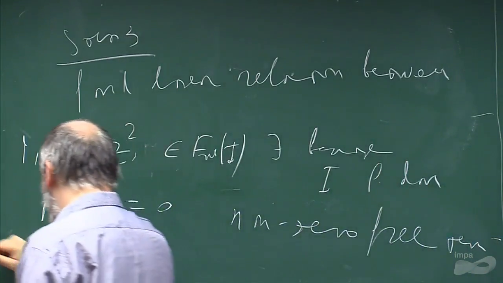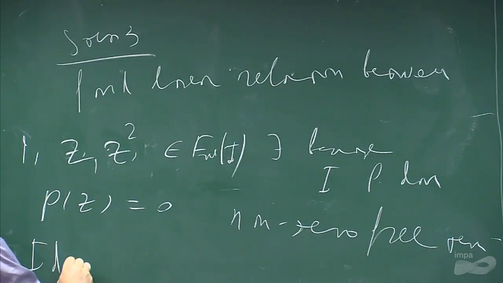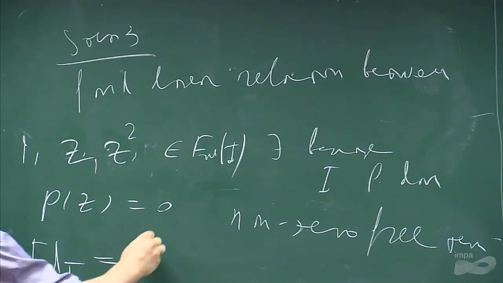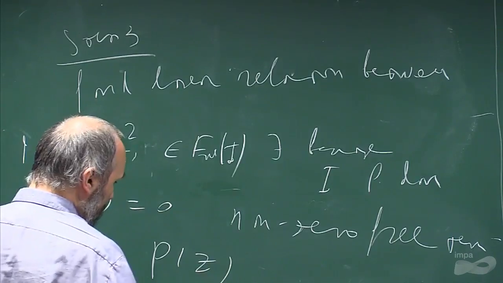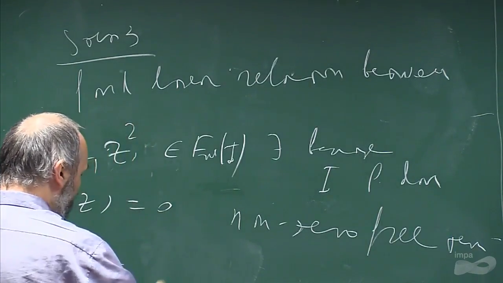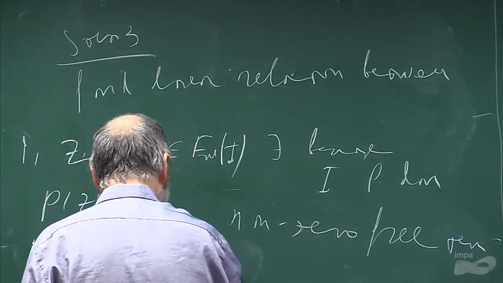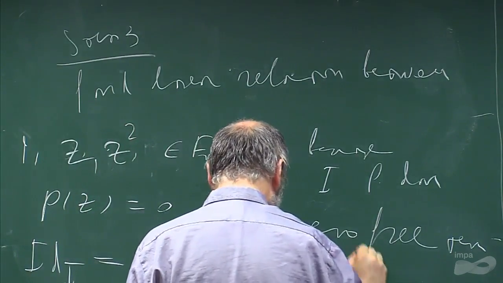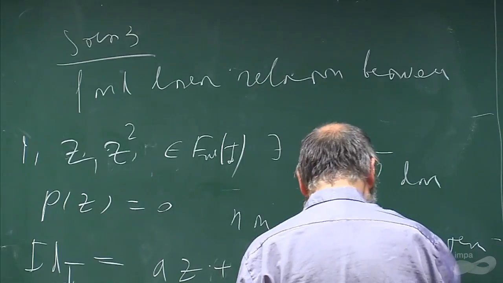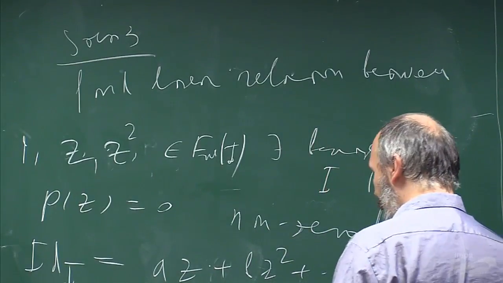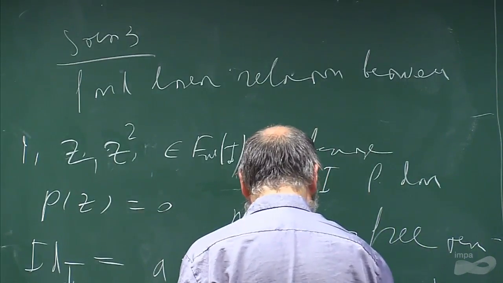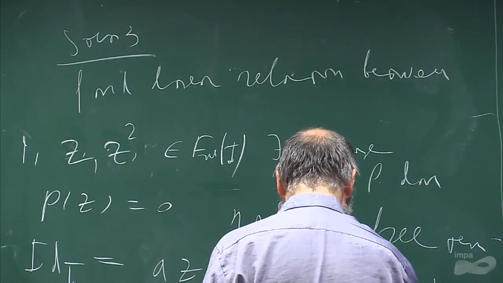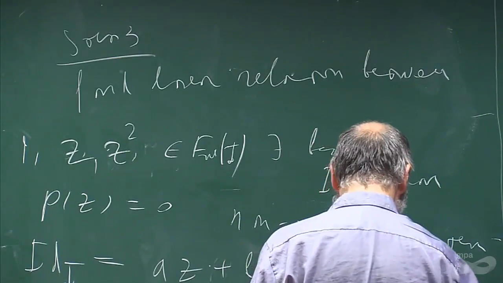And this gives you a nice relation: identity of I is equal to some polynomial of z, a z plus b z squared plus and so on, where a, b are elements in K. This is a relation in endomorphisms of I.